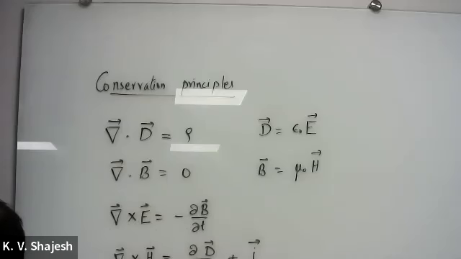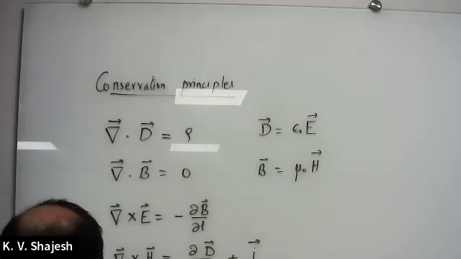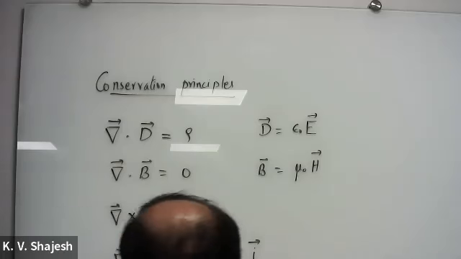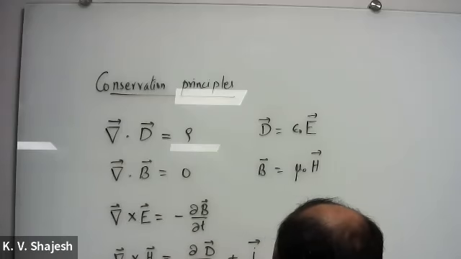And the first one is conservation of charge. That's d rho by dt plus del dot J is equal to 0.